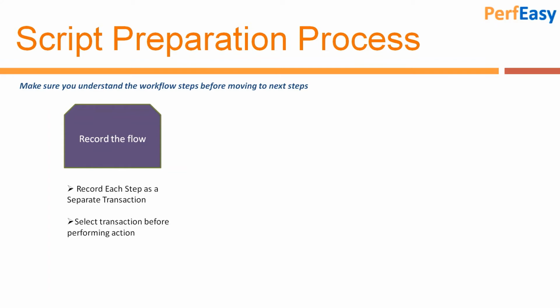So make sure that you understand the workflow properly. Every step we should always know before we perform it. Make sure that you have manually run the workflow once, twice, 2-3 times till you are very familiar with the application, and at least with that specific workflow.